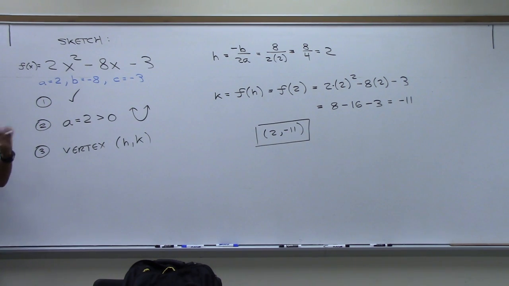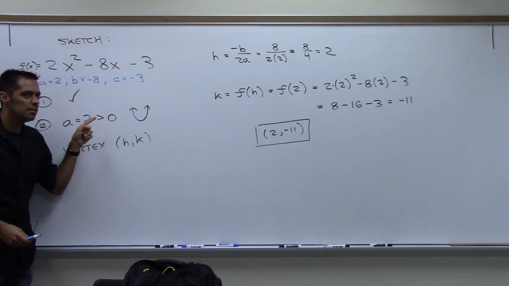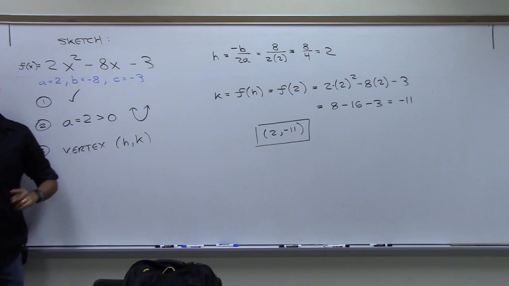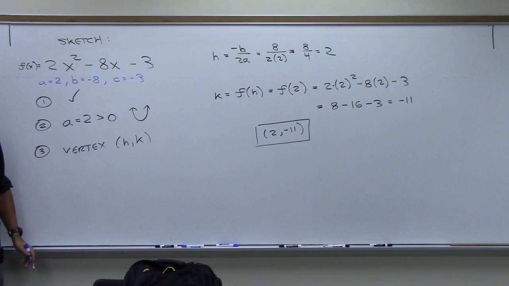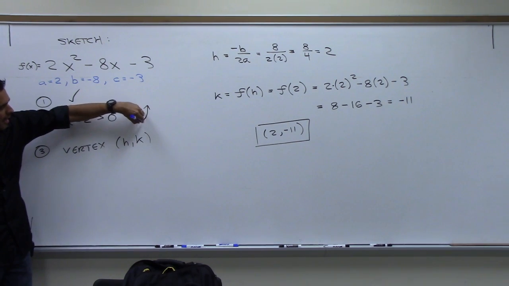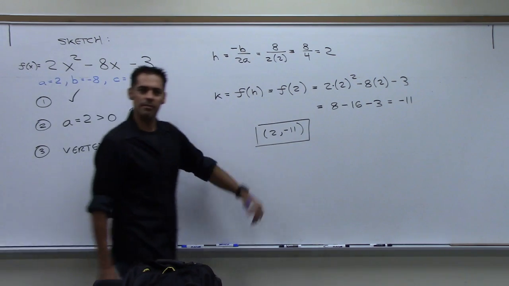Say it in words. Just tell me in layman's terms. You're trying to explain to someone, that point's going to be center? Lowest point. Good. Okay, that's going to be the lowest point. Do you agree with that? Because it opens up, we know that that point is right there. That's the lowest point on our graph.